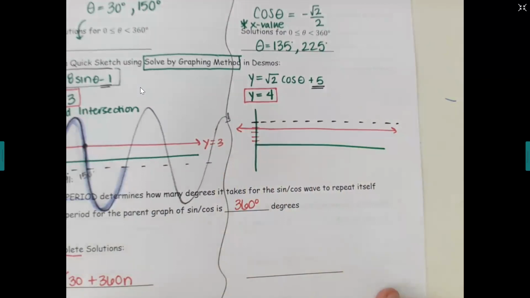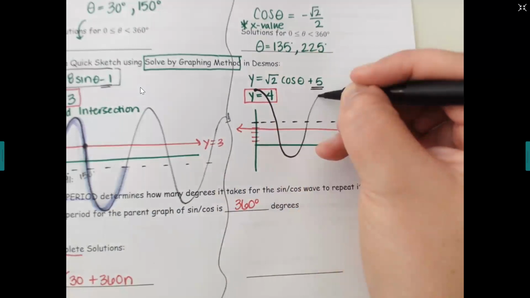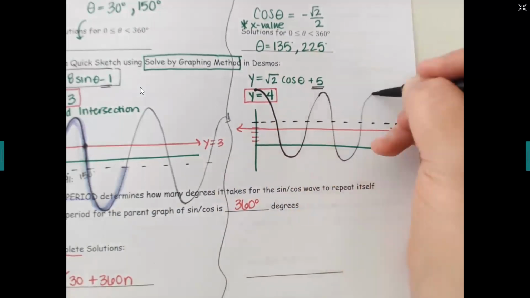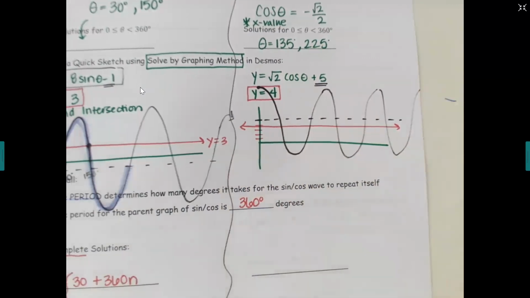And then remember what I said, cosine should start at the top. You're gonna do a really deep plunge and then come back up. So I'm gonna start up here, deep plunge, back up. Okay, obviously this is a sketch, it doesn't have to be perfect.